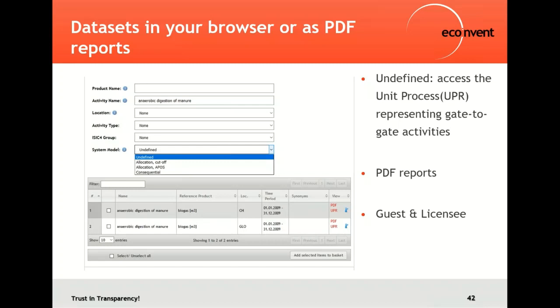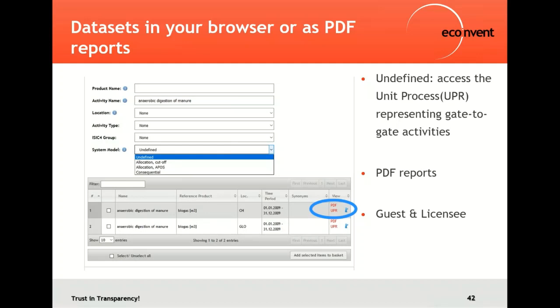So the undefined database, you will be able to explore the uniprocesses representing the gate-to-gate activities, and you will be able to download PDF reports. I will explain what is the content and what do they look like. Those PDF reports, those are reports that are per dataset.